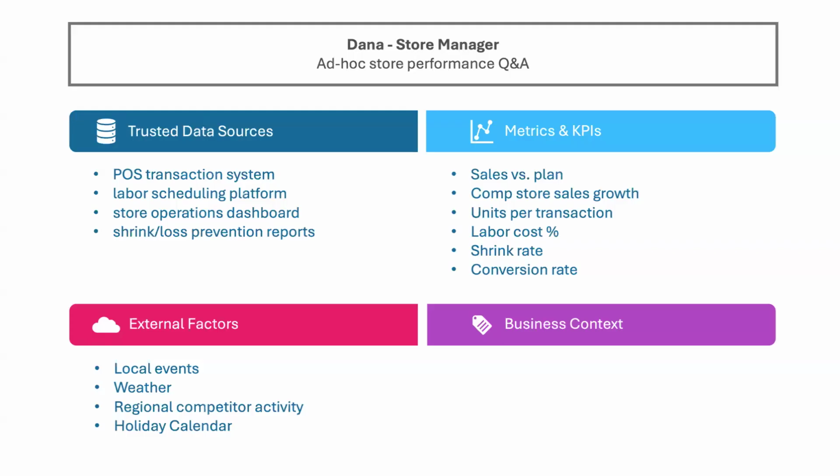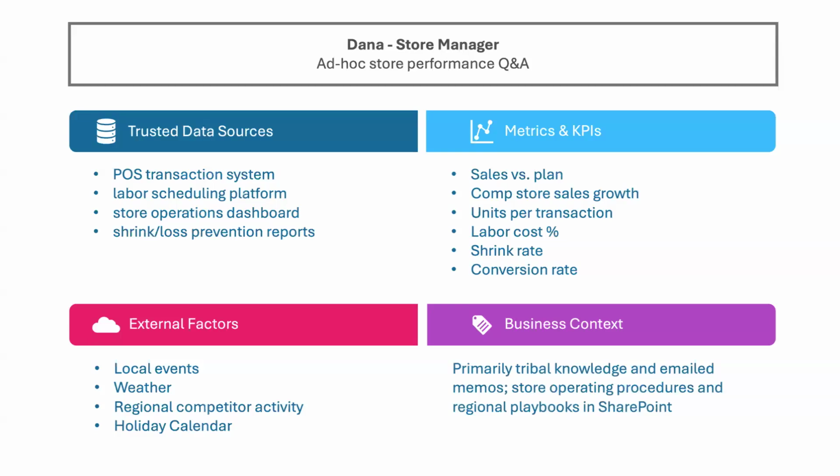So understanding weather events, looking at regional competitor activity, right? If your competitor opened up a store next door from you last month, well, that might affect your sales this month, right? You're now sharing wallet share in terms of people walking by. Holiday calendars, obviously, right? There's a seasonality associated with that.